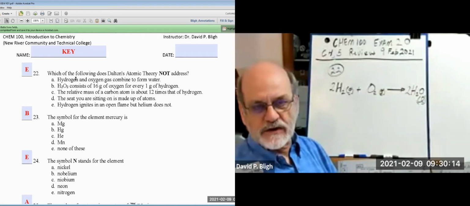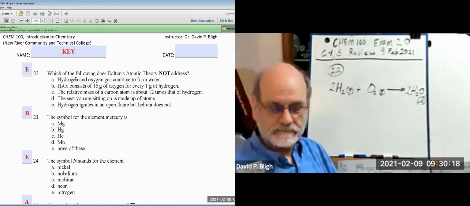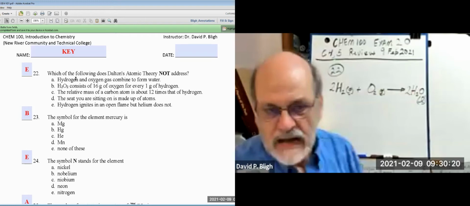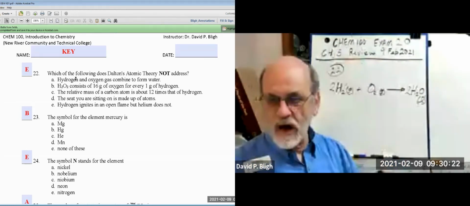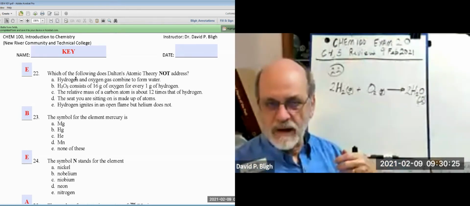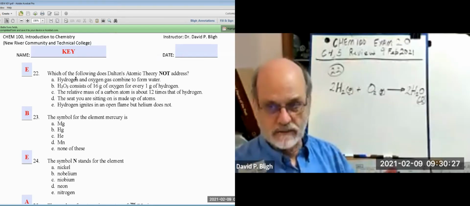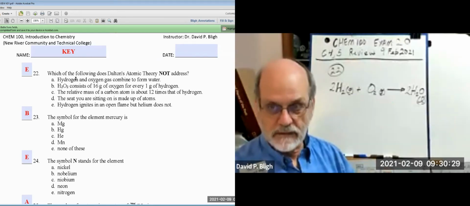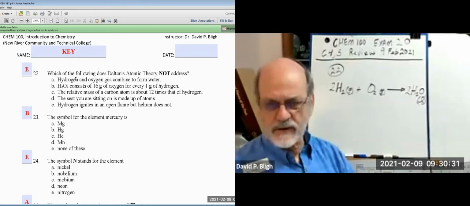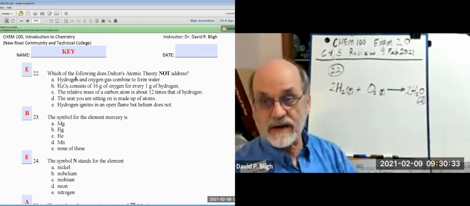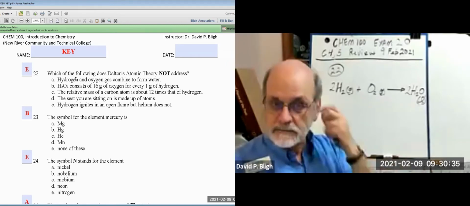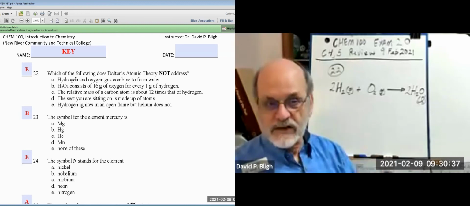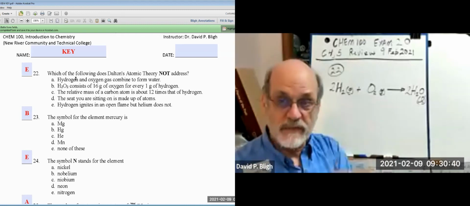H2O2 consists of 16 grams of oxygen for every 1 gram of hydrogen. He incorporated into his theory the law of definite proportions, right? In fact, that was his creation. So if he's going to make a theory, he better stick his own laws in there. And he said that H2O2 consists of this combination by mass.